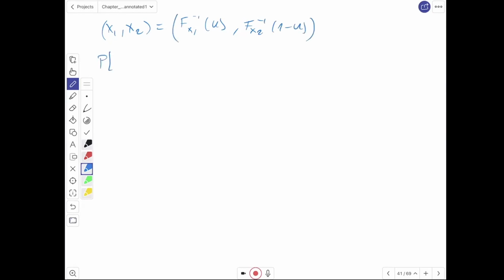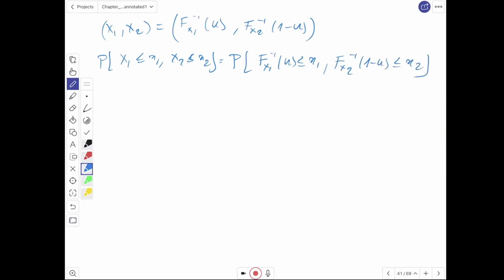So we're looking for the probability X1 smaller than x1, X2 smaller than x2. I plug in my expression for X1. It's F_X1 inverse of U should be smaller than the value x1. And the inverse F_X2 inverse, but now I put 1 minus U, should be smaller than x2.